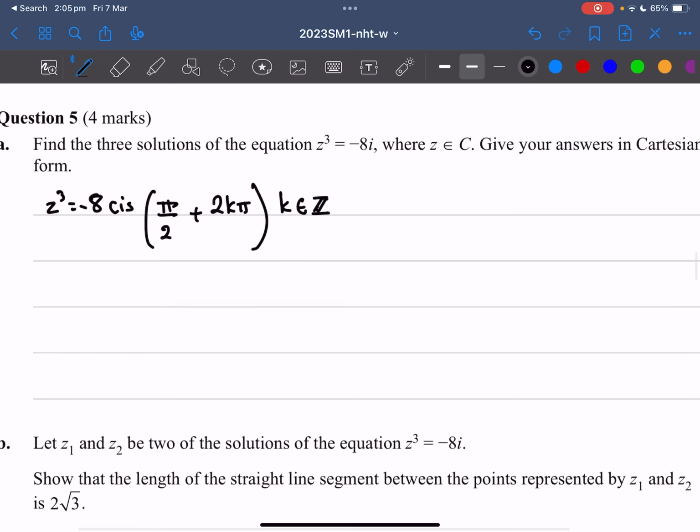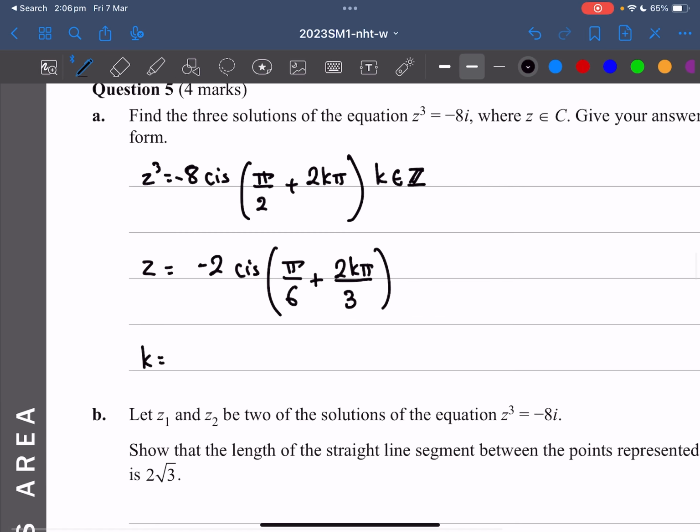Okay, so our z itself is going to be what? Minus 2 cis pi on 6 plus 2k pi on 3, right? And now we can just substitute k equals 0, k equals 1, k equals 2, and hopefully we'll get our solutions, right?